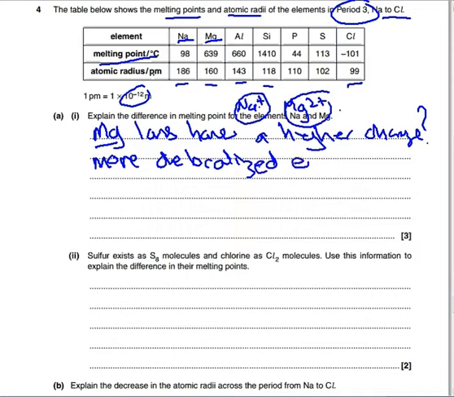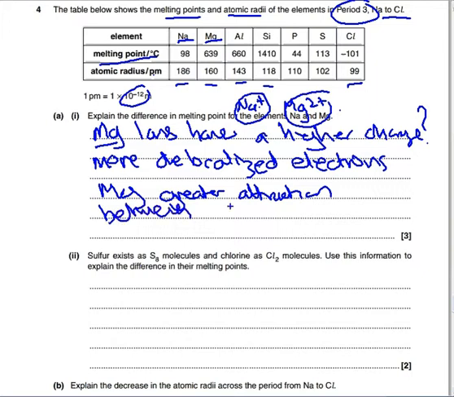Even though they're not charged per se, they haven't donated their electrons away, magnesium will lose 2 electrons in this delocalized cloud, while sodium will lose 1. So you're going to have much more of a negative cloud, which is attracted to the positive nuclei. So magnesium will have greater attraction between the ions and electrons.